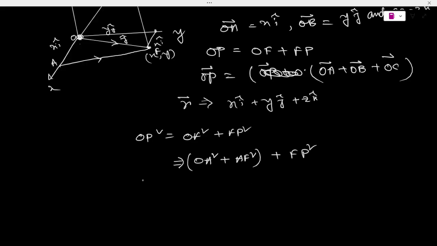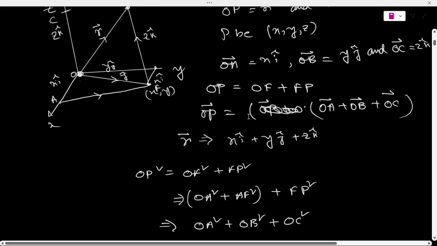So it will be OA square plus OB square plus OC square. So it will be x square plus y square plus z square.